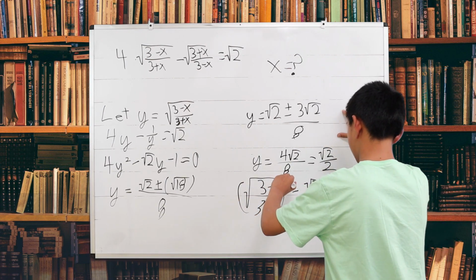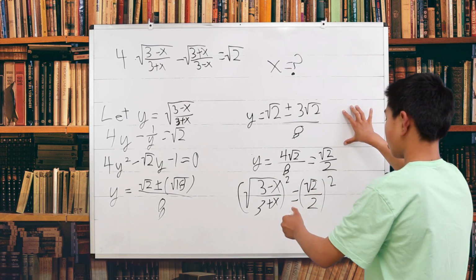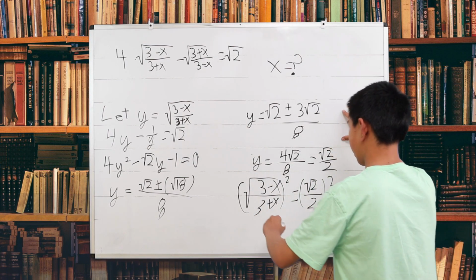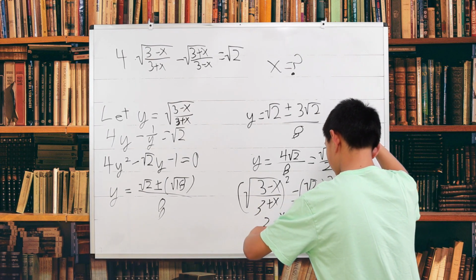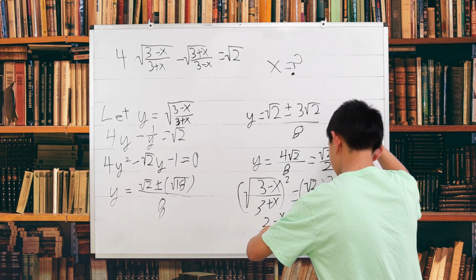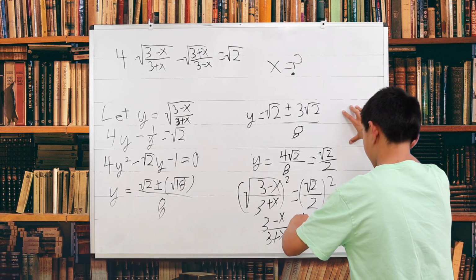You have to square both sides. So what you get is, here I'll just write it down here, 3 minus x over 3 plus x is equal to, that's just 1/2.